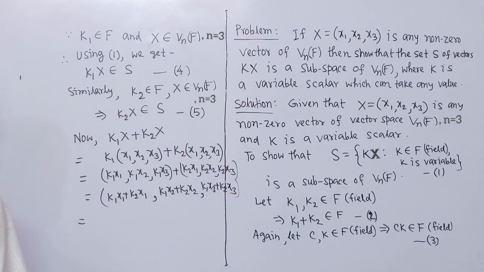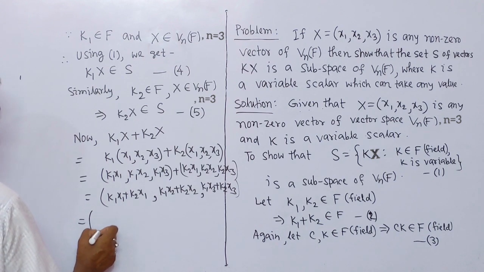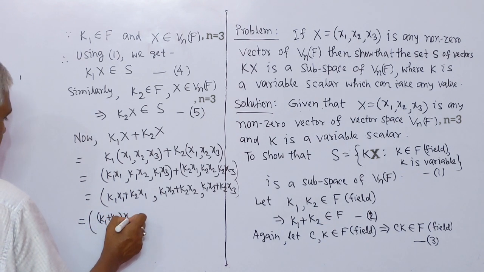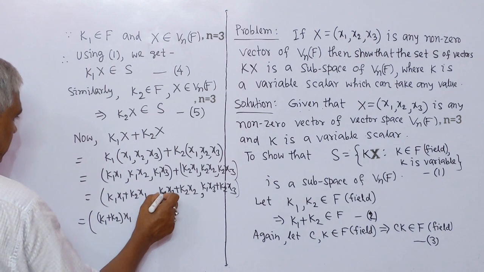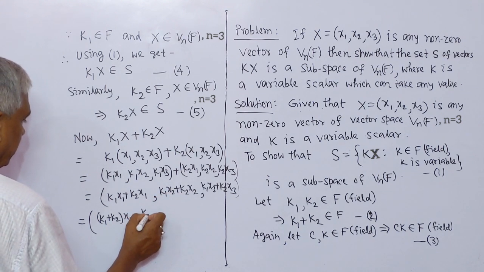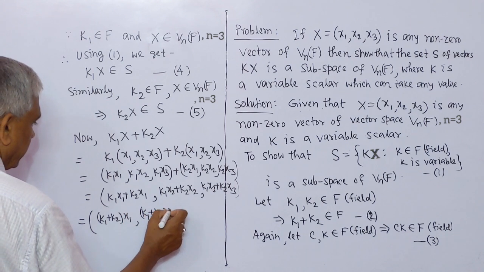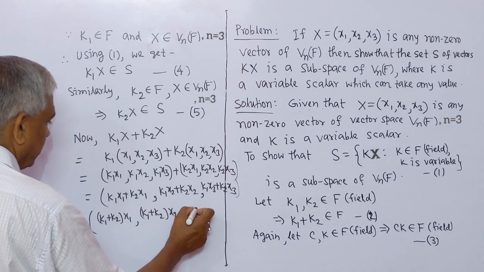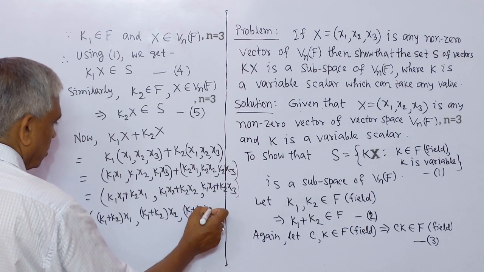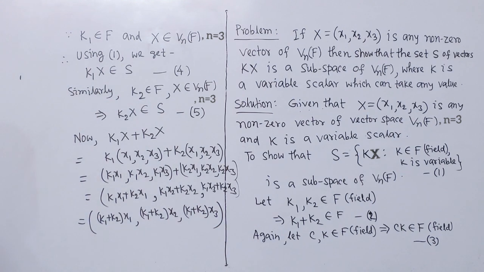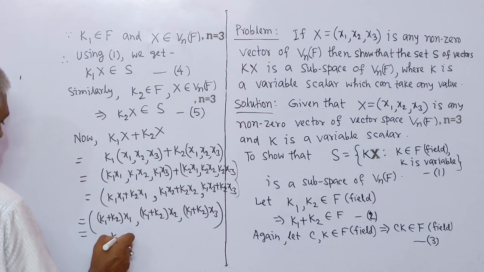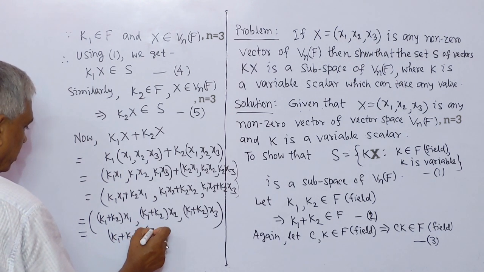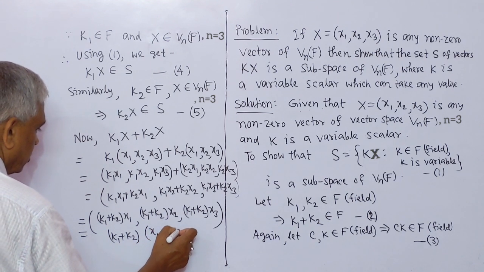This is equal to, here we take common X1, K1 plus K2 X1 comma, here take common X2, K1 plus K2 X2 comma, here we take common X3, K1 plus K2 X3 order triplet, and this will be equal to K1 plus K2 multiply order triplet X1, X2, X3.